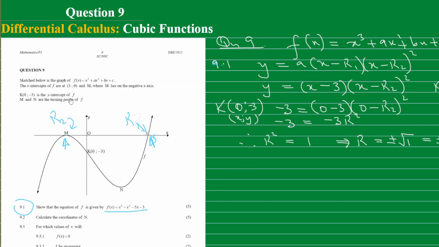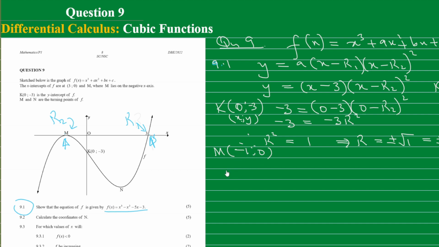Considering the fact that our r is on the negative end of our x-axis, we are going to take the value 1, which means that our m is the point (-1, 0). Now the second step is to find the complete equation after finding that root.